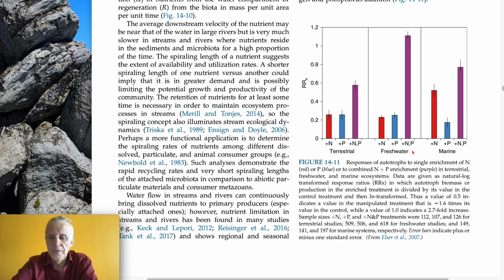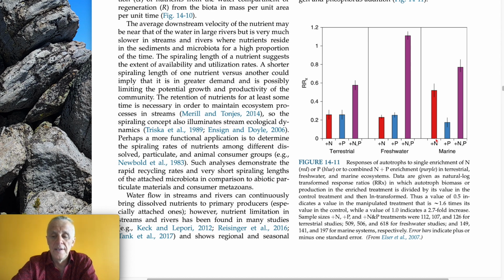Freshwater, definitely, we see a very good response with the nitrogen and phosphorus combined. We have 1.2. And then a pretty standard response if it's only nitrogen or phosphorus. So a little better response for phosphorus than nitrogen in freshwater, not by much. And then in the marine environment, for nitrogen and phosphorus, it's the same leading component that we've seen for terrestrial and freshwater, where the response is optimized when nitrogen and phosphorus are amended.